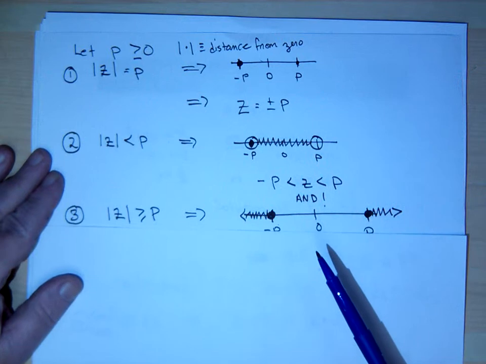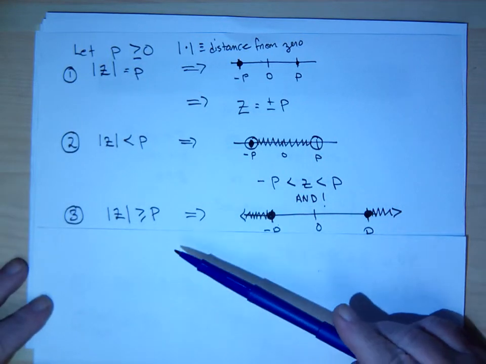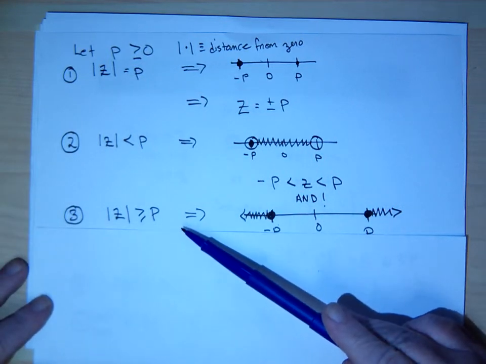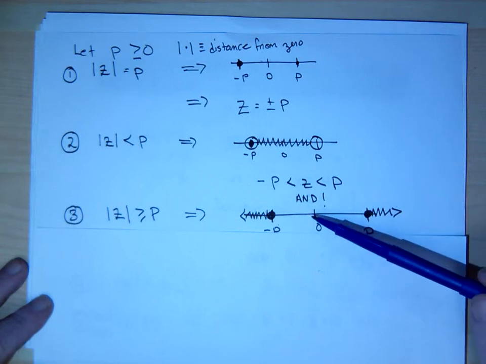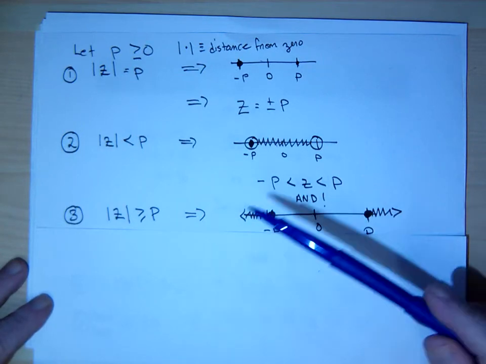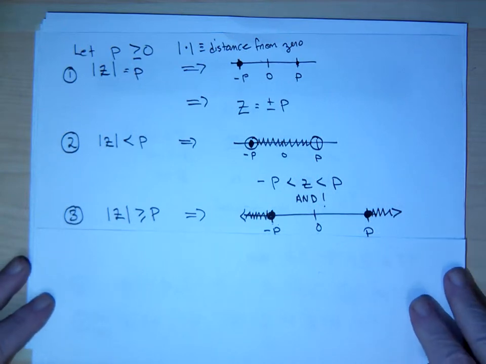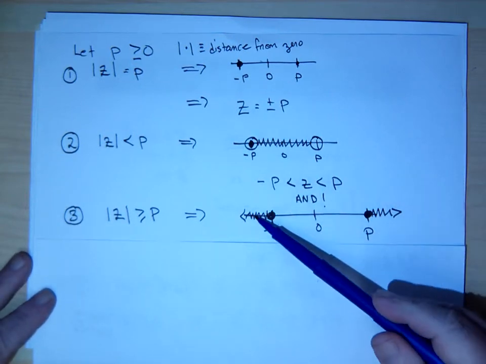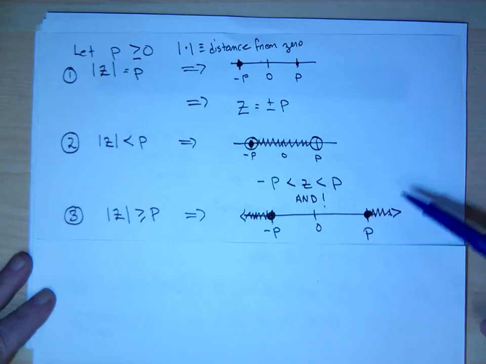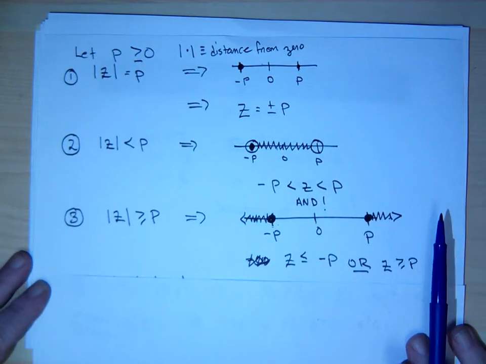If we were to consider the absolute value of z being bigger than p, that means that the distance from 0 to where z is going to be more than or equal to p. So I could be out here, or I could be down here, and I use the word or, and that is important.